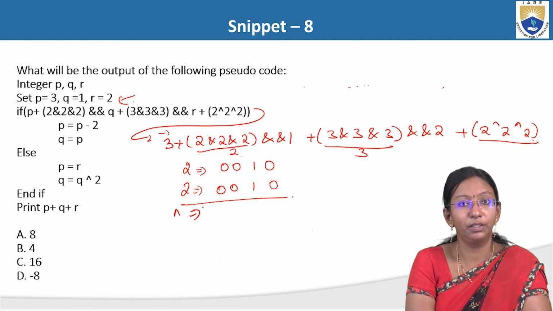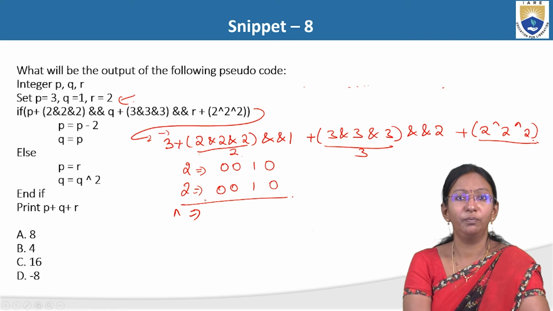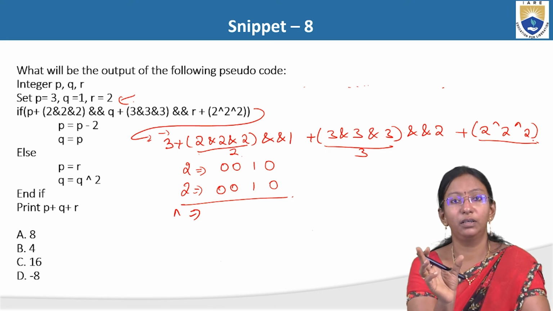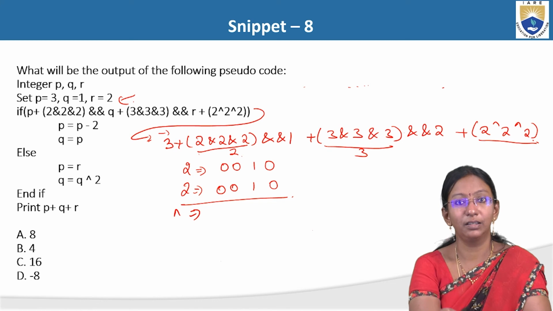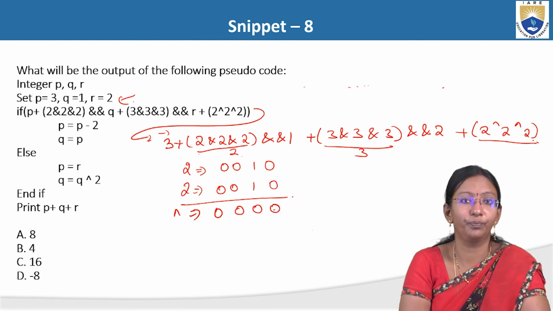XOR tells that if the inputs are different, the result will be true or 1, or else it is 0. If you perform an exclusive OR operation of n with n, the bit values are the same, that means 0 with 0, 1 with 1, so its result will always be 0.